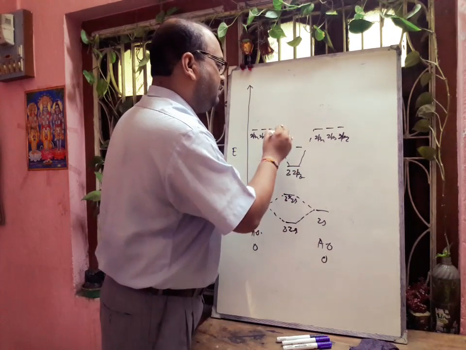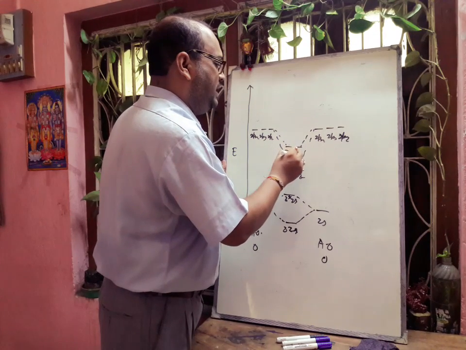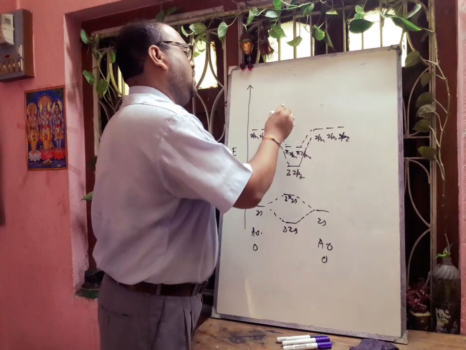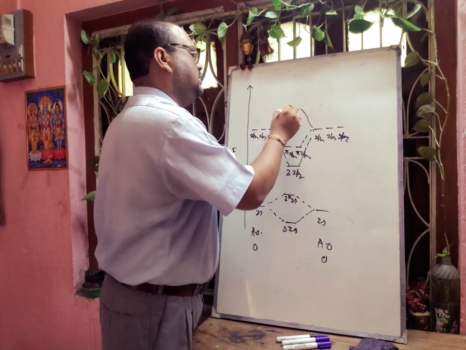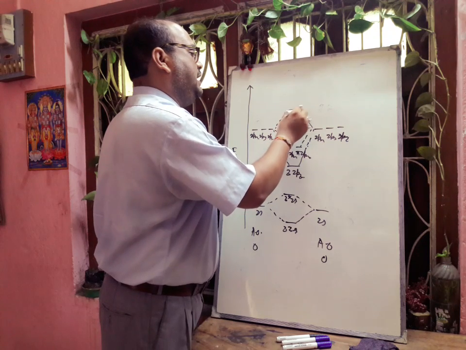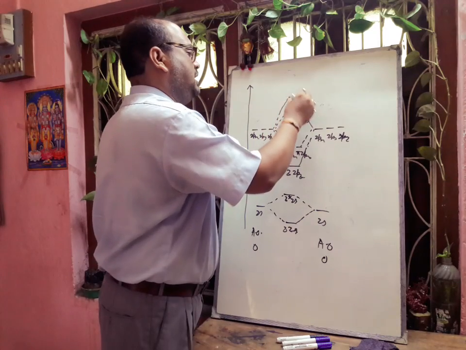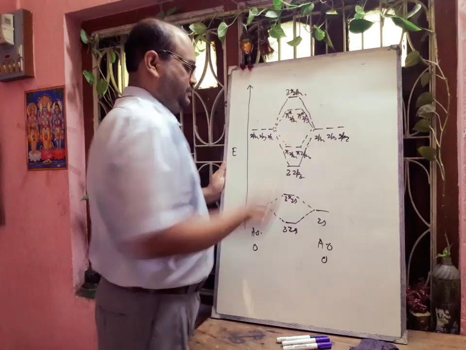Next the pi will come, this one is pi 2px, pi 2py, and the anti-bondings are pi star 2px, pi star 2py, and this will be the sigma star 2pz.